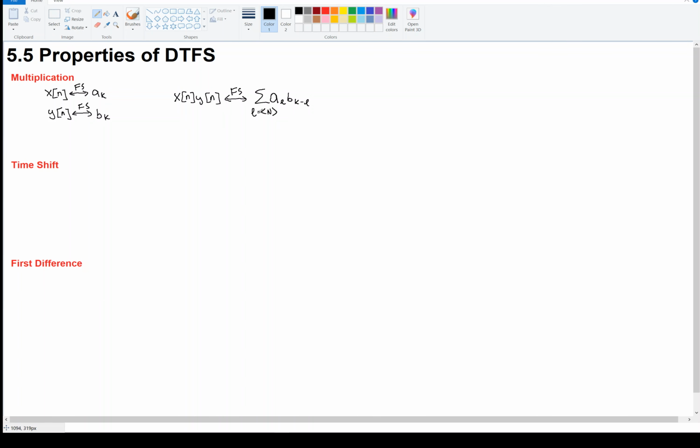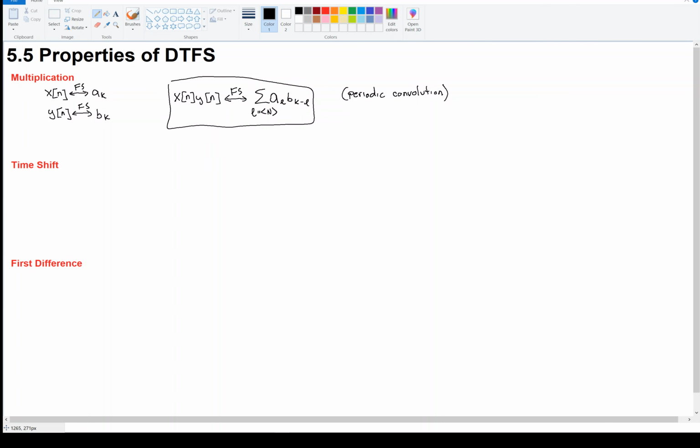In regular convolution, you sum from minus infinity to infinity. This is called the periodic convolution, and we're only summing over one period. So it's actually simpler than regular convolution because the sum is finite. That is the multiplication property: the Fourier series coefficients of two signals multiplied together are the periodic convolution of the two Fourier series.